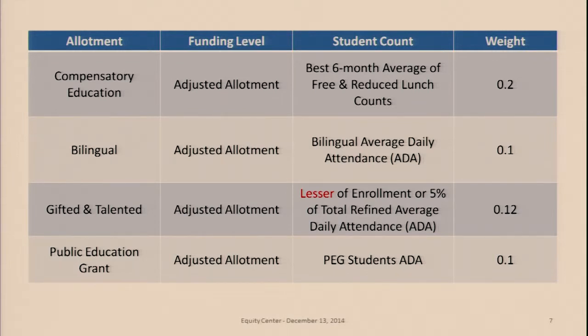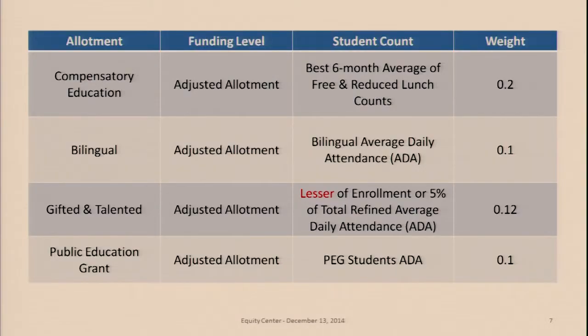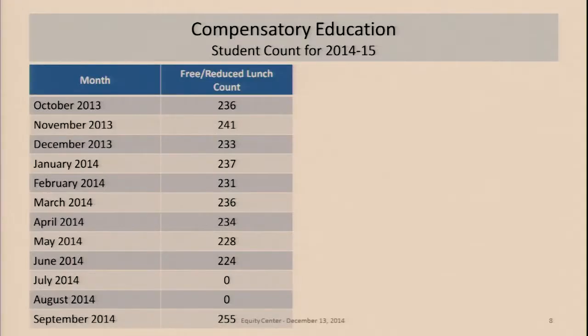And that's based upon the conception that truly gifted children make up no more than 5% of your school community, but you may want to serve more than 5%. So in order to keep that from getting out of hand, they limit it to 5% of your total refined ADA. And for most districts, that's what you end up getting.